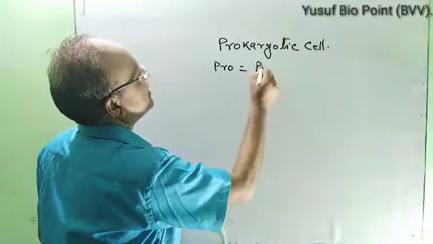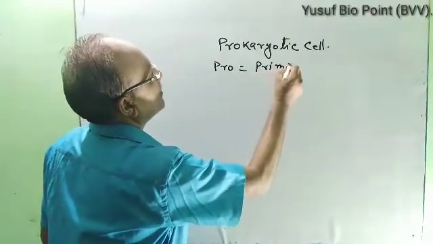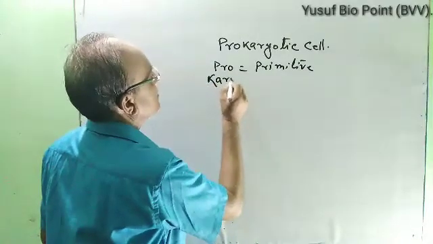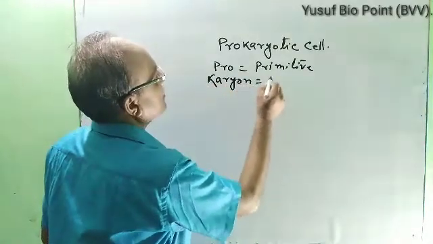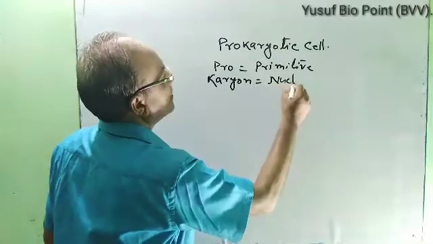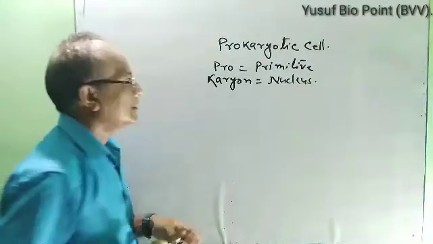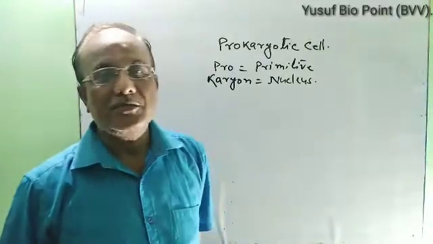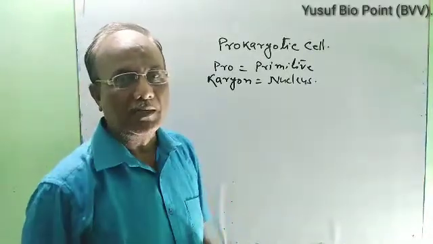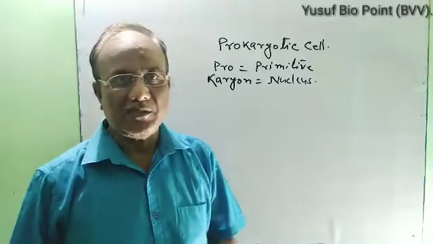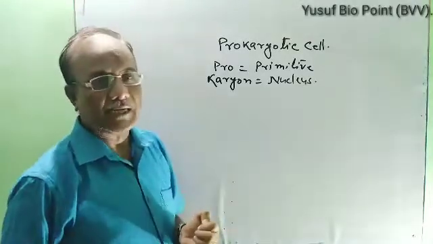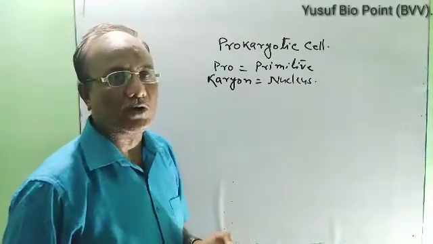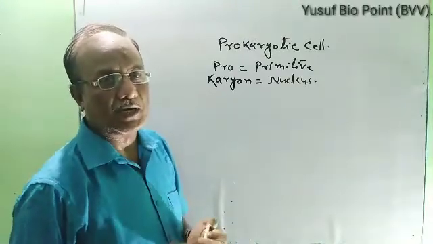Pro means primitive, that is primitive nucleus, means the nucleus is not surrounded by nuclear membrane, means that type of nucleus which is ill developed is also called incipient nucleus.